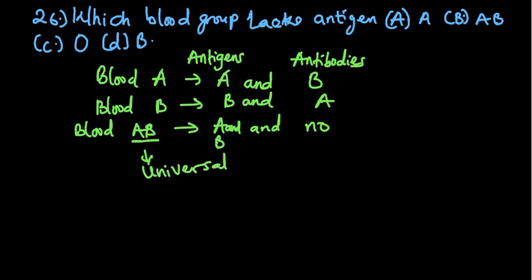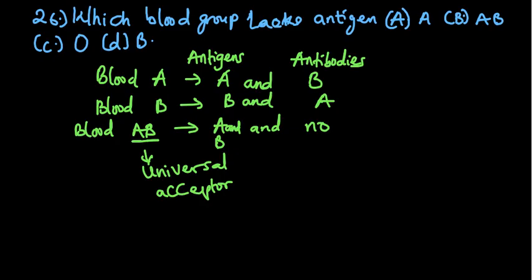The reason why it is a universal acceptor is because it can accept any blood, that is, it has no antibody. So if you give it O, B, or A, any blood you give a person that has blood group AB, the person will collect it, because AB is a universal acceptor, because it has no antibody.